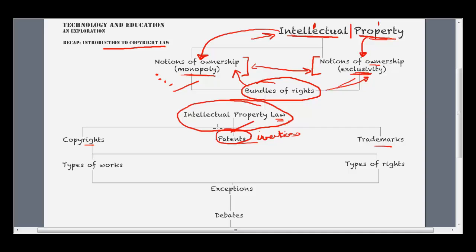So I have a monopoly limited in a period of time to exploit my invention. After that period of time expires, anybody else can exploit that idea or that invention.